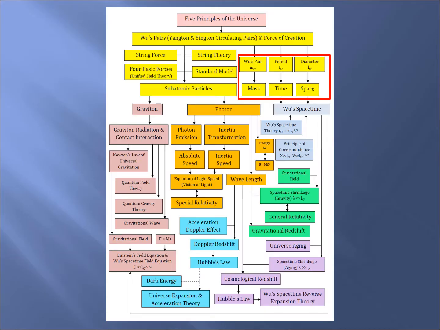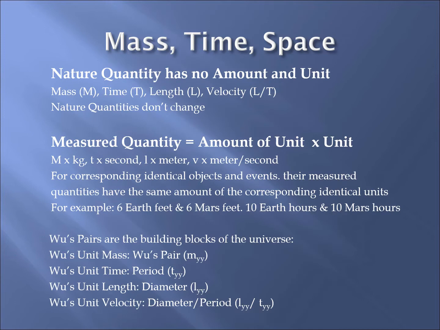Now let's change our topic to mass, time, and space. There are two types of quantities, natural quantity and measured quantity. Natural quantity has no amount and unit, and the natural quantity doesn't change.